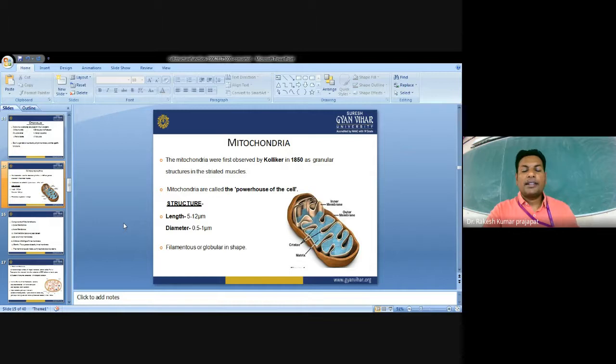Mitochondria were first discovered by Kolliker in 1850 as granular structures in striated muscles.